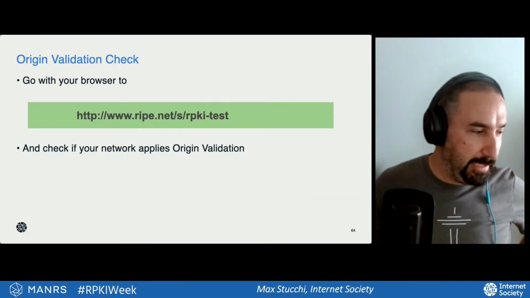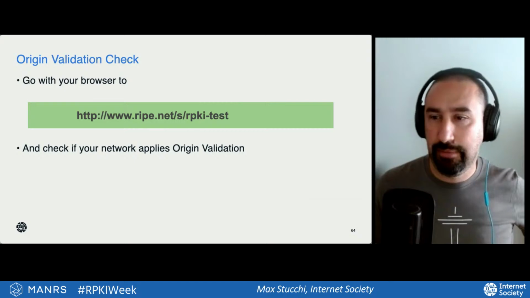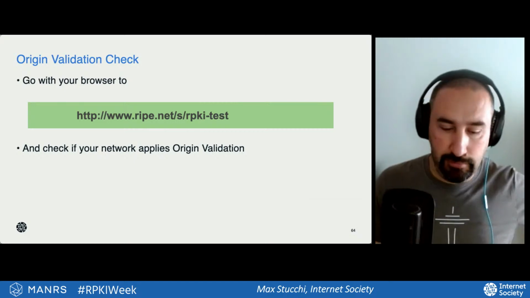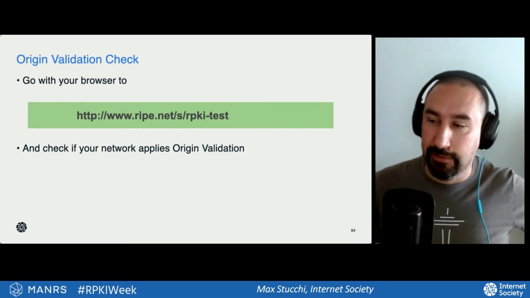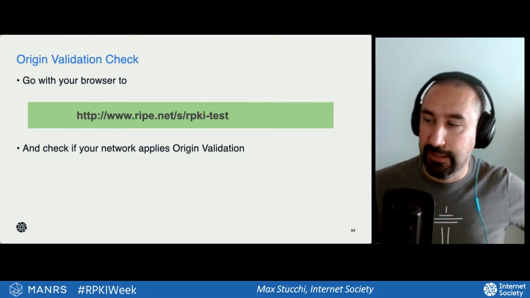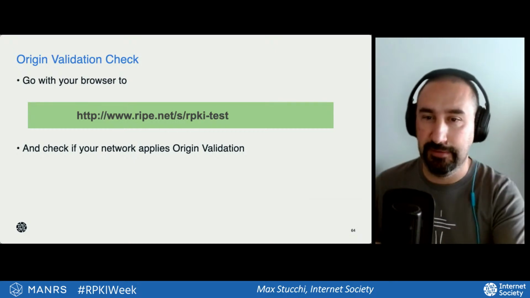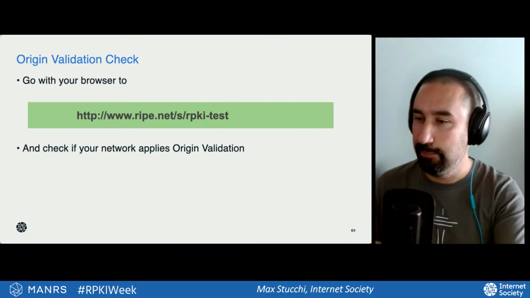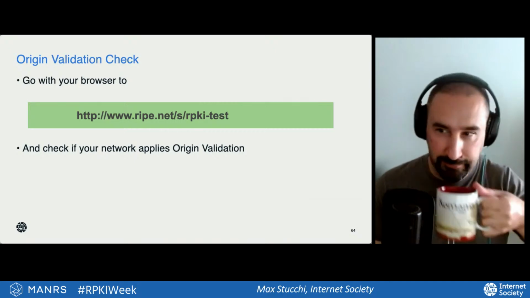Let's see if you can imagine how you can do that. Imagine you have a browser and you want to verify that the network is doing origin validation. How would you do that? Let's see if anyone would like to take this up and give an explanation.